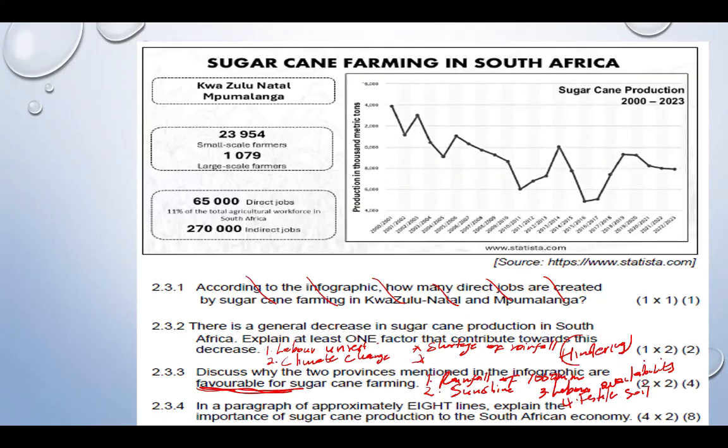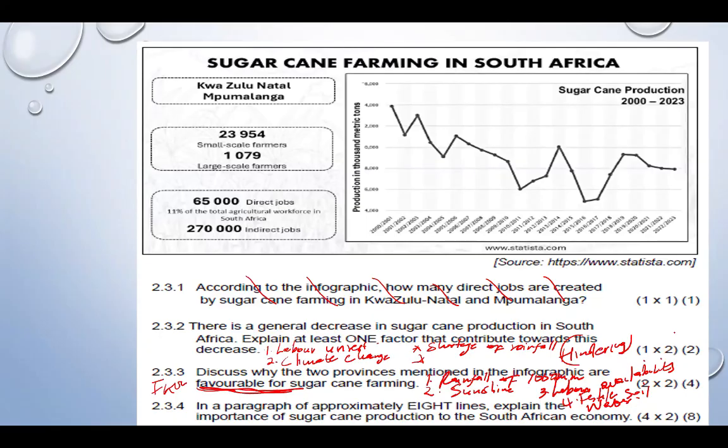So it's going to require rainfall throughout the year, and it also requires a lot of water. So these will be the factors that will favor sugarcane farming. This one is a concept. It requires factors favoring. The other one is also a concept. It requires factors that are hindering sugarcane farming.